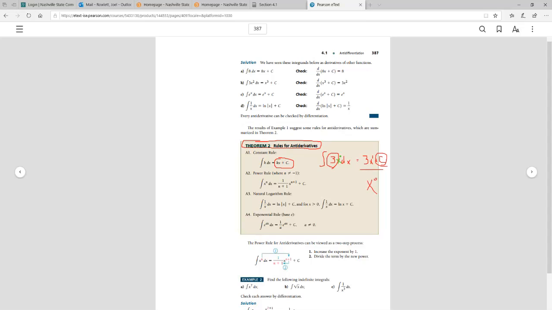And when we do the power rule, remember, we subtract 1 from the exponent. So when we take the antiderivative, we do the opposite of subtracting 1 from the exponent. We add 1 to the exponent. And instead of multiplying, we divide.